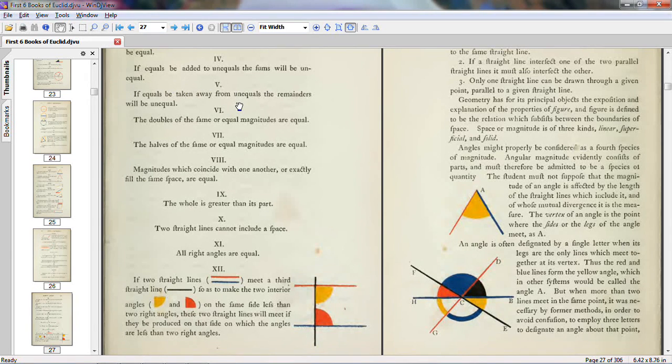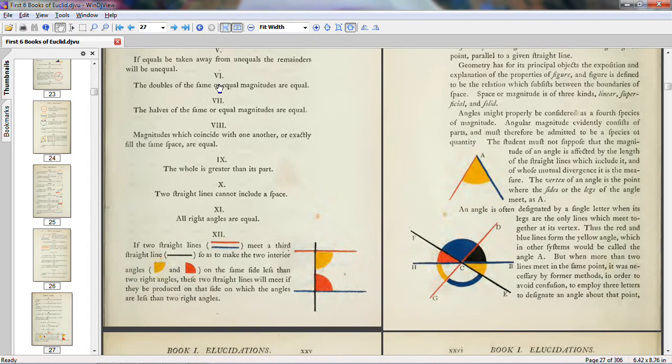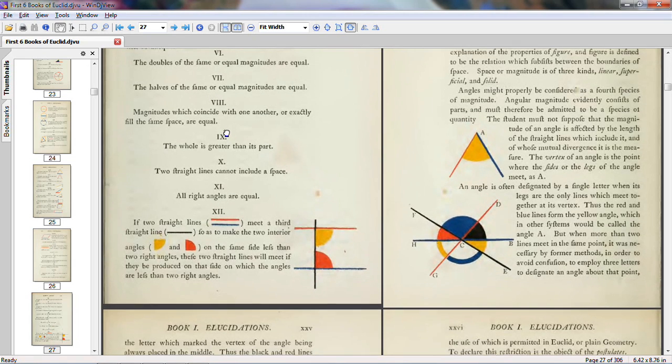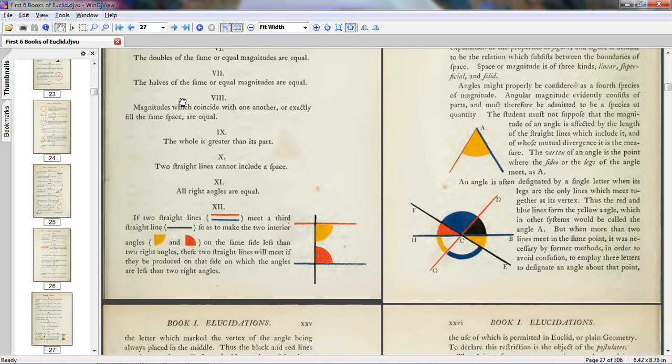So if C is not equal to D, then A plus C is not equal to A plus D. Similarly for the taking away of unequals. These two as well are not in the current version.